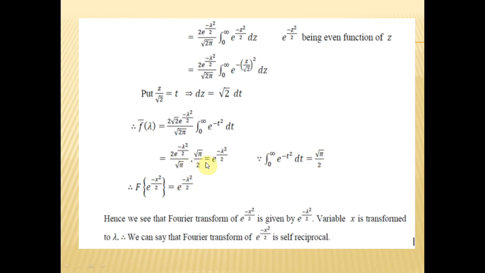After cancellation we will have the result as e raised to minus lambda square by 2. That means the Fourier transform of e raised to minus x square by 2 is equal to e raised to minus lambda square by 2. That's why this function e raised to minus x square by 2 is self-reciprocal with respect to Fourier transform. We will discuss more problems in the coming classes.